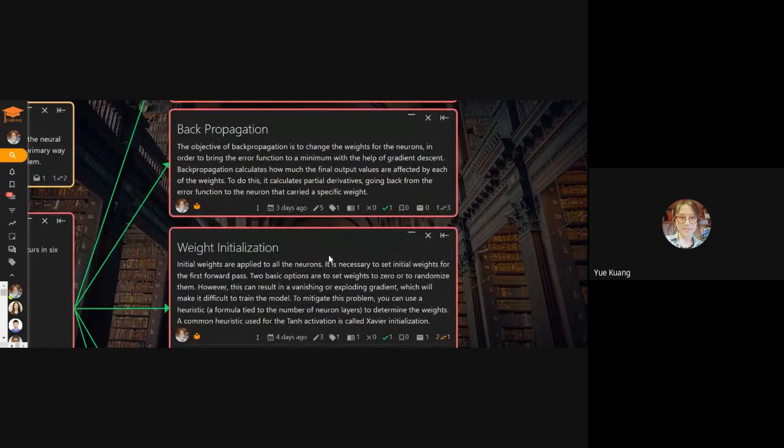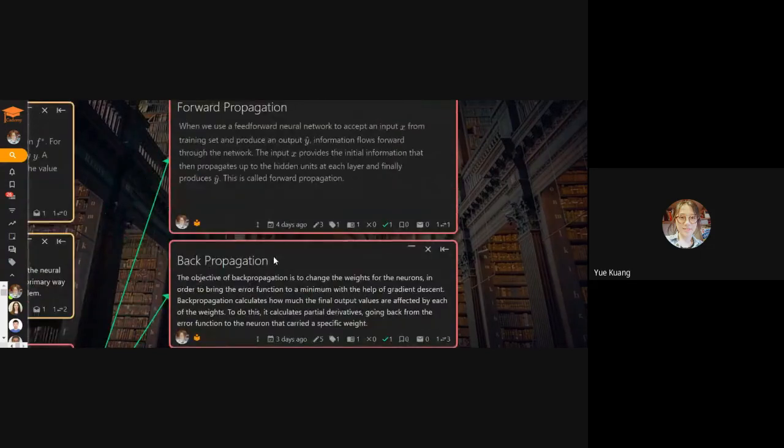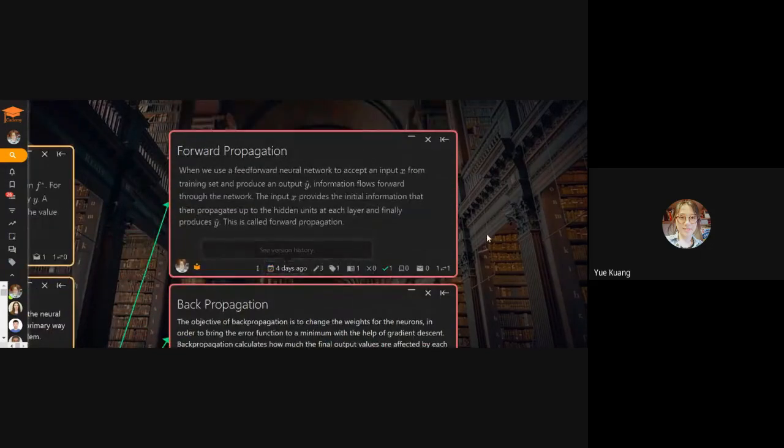So the next step will be forward propagation. When we use a feedforward neural network to accept an input X from the training set and produce an output Y hat, information flows forwards through the network. The input X provides the initial information that then propagates up to the hidden units at each layer and finally produces Y hat.